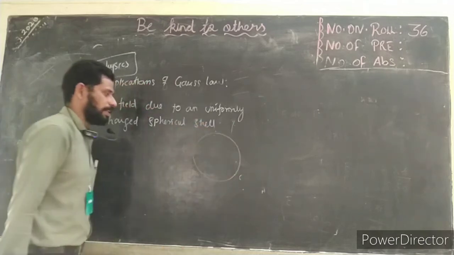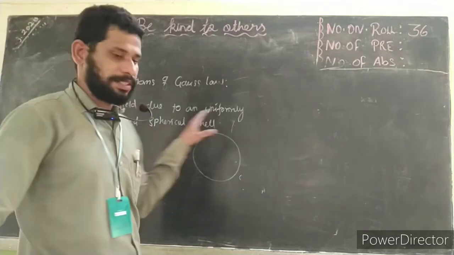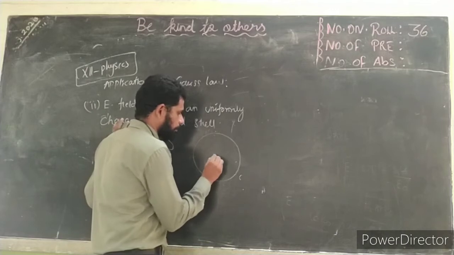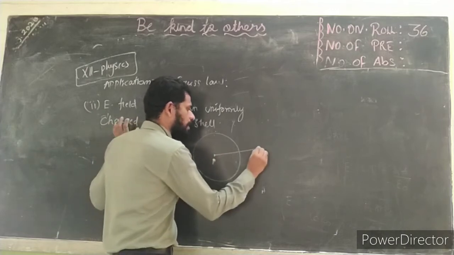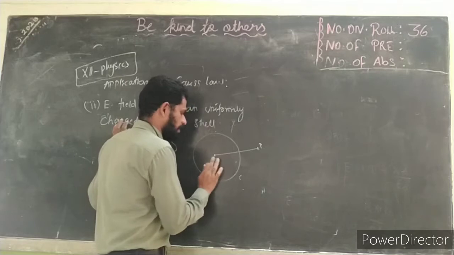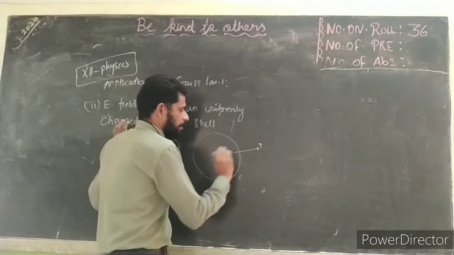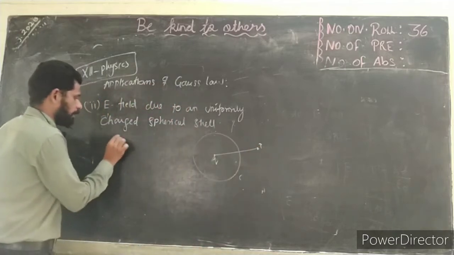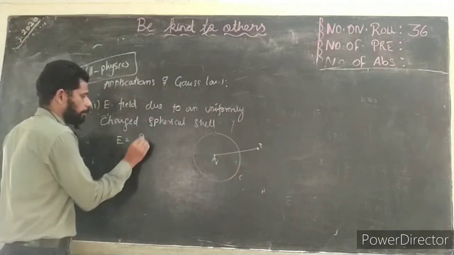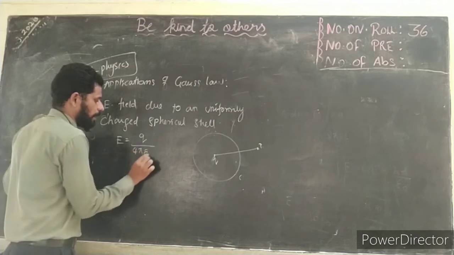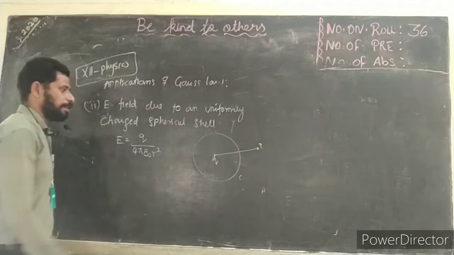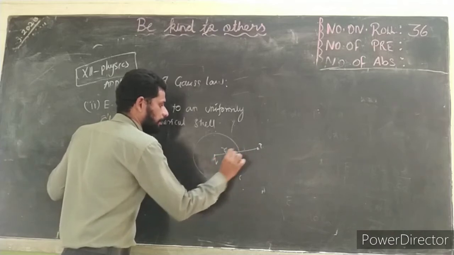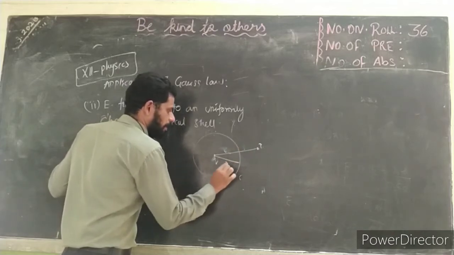I have one spherical shell which has positive charges on the surface, and I take a point here. First, the point lies outside the shell. We know that E equal to Q by 4 pi epsilon naught R squared. Correct. So here I have the radius R.